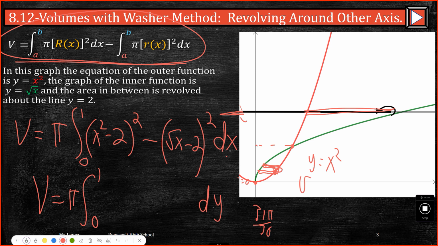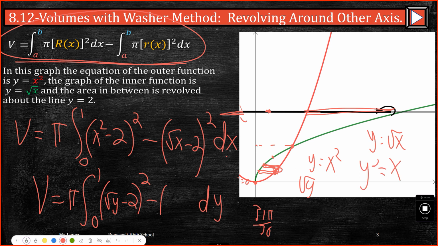So then this becomes square root of y. So this is going to become the integral of square root of y minus... and this is the inside, where y is square root of x. But everything has to be in terms of y, no? So what is this going to become?